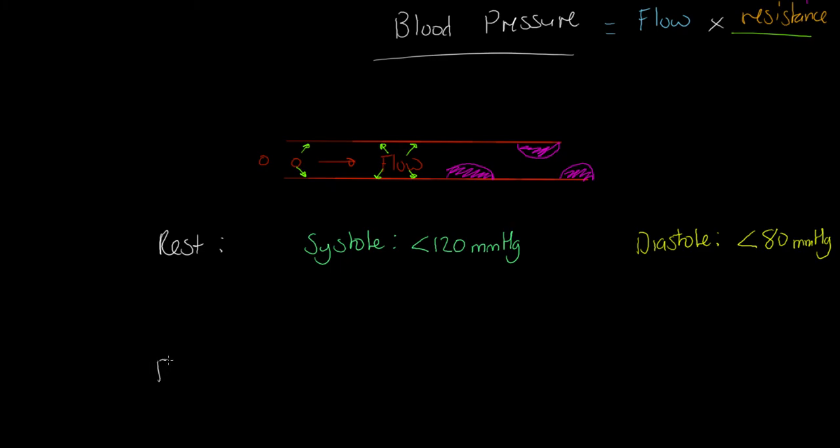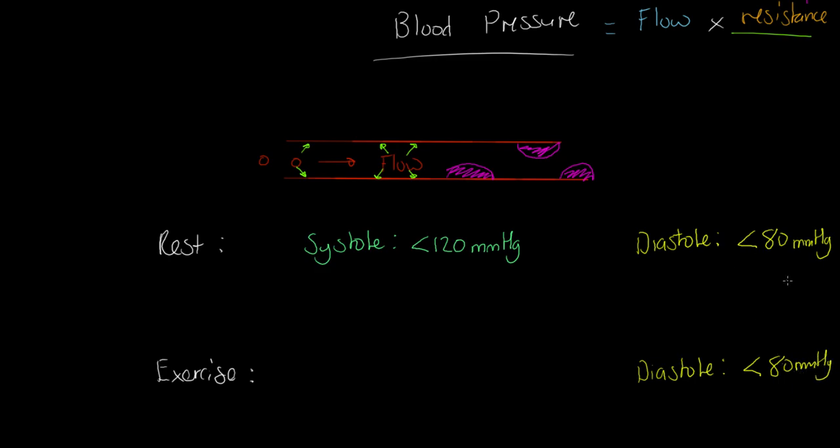Finally, let's look at blood pressure and exercise levels. When we begin to exercise, this is what we'll find. Our diastolic blood pressure, or diastole during relaxation phase, will continue to be less than 80 millimeters Hg.